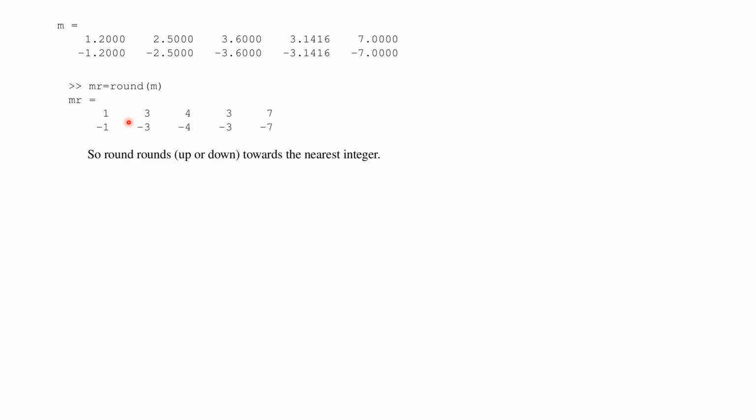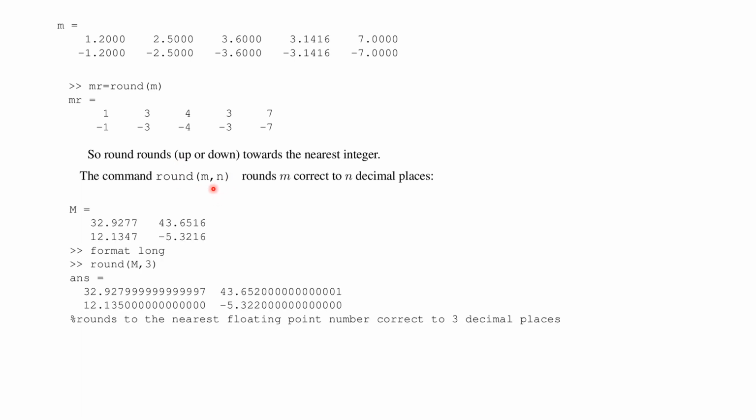The normal rounding operation rounds up to or down to the nearest integer. So here we give ourselves this matrix, and we round it. It'll round to the nearest integer, and if you add the extra information, round to correct to n decimal places, it'll do that for you.